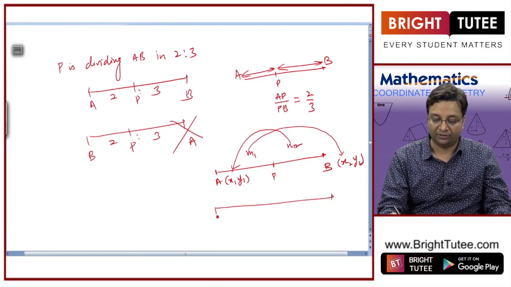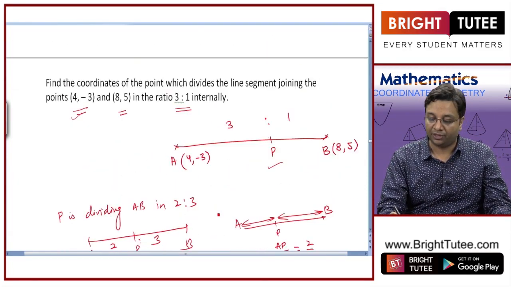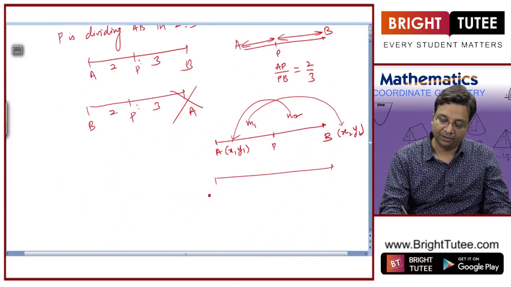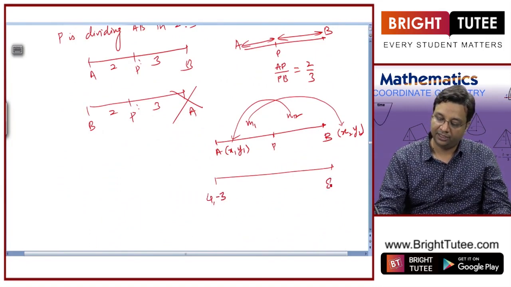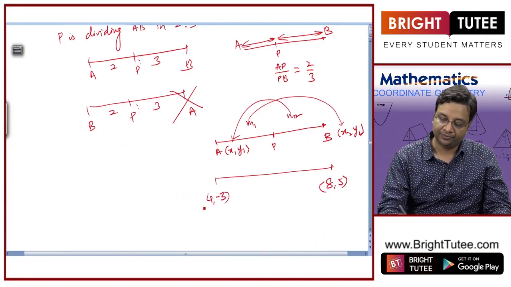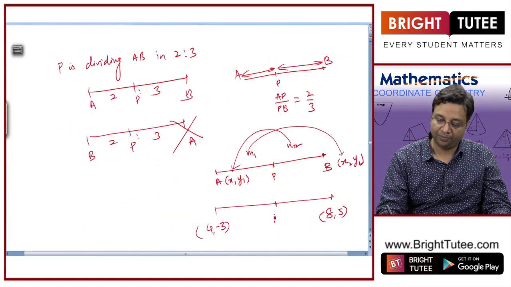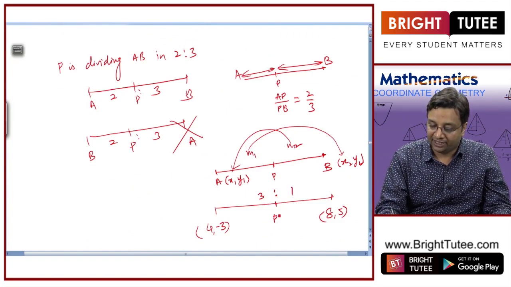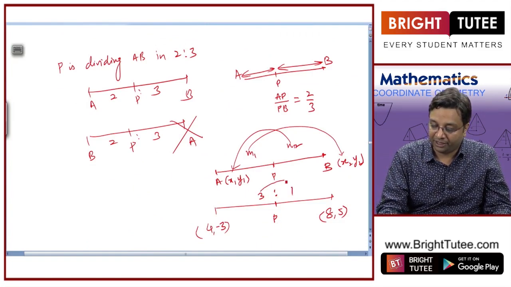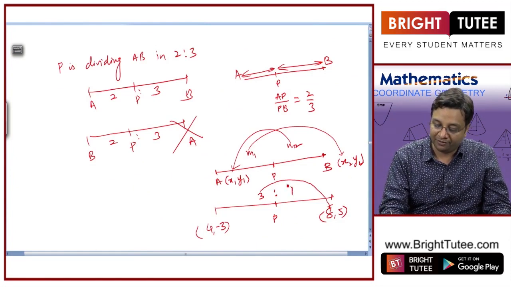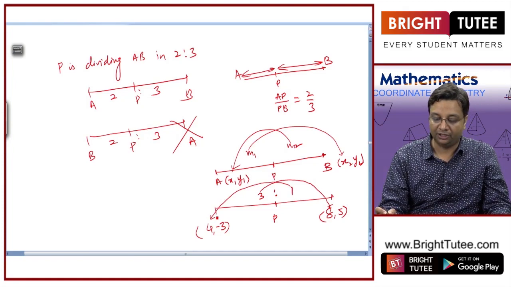Let me write the coordinates once again. Coordinates are (4, -3), (8, 5), and this point is P, 3:1. So to get the x coordinate of point P, I multiply 3 with the x coordinate of this point and 1 with the x coordinate of this point.